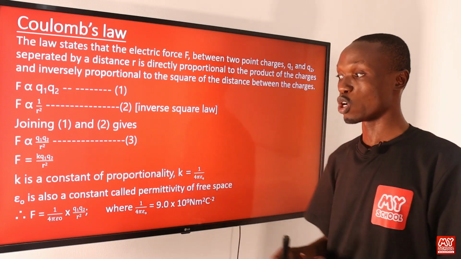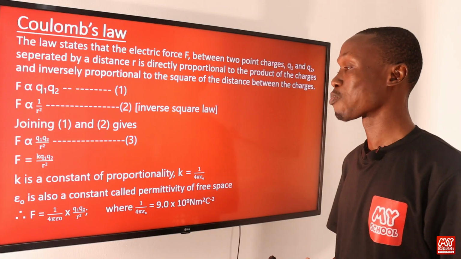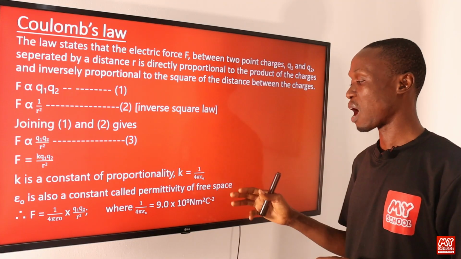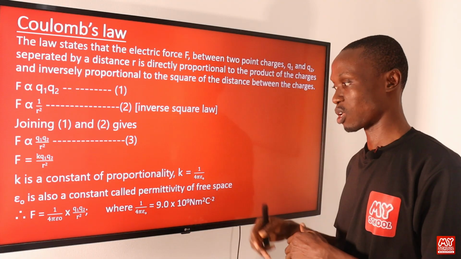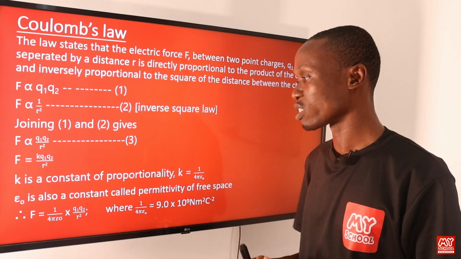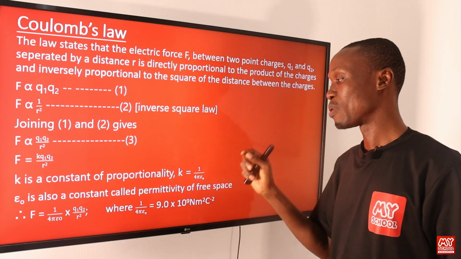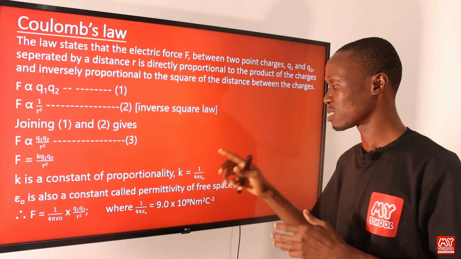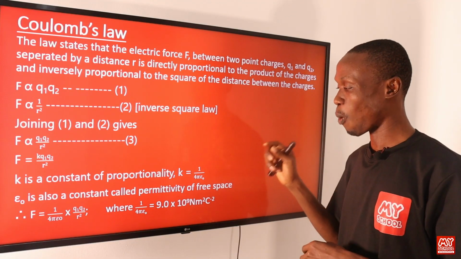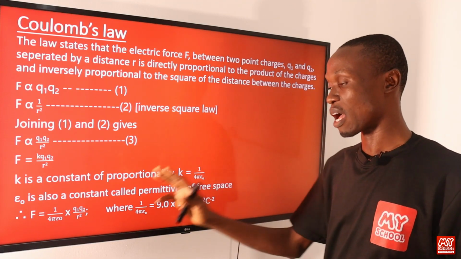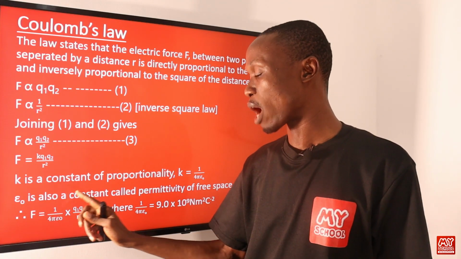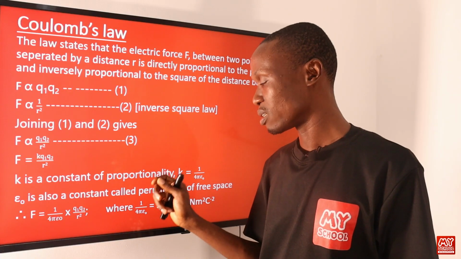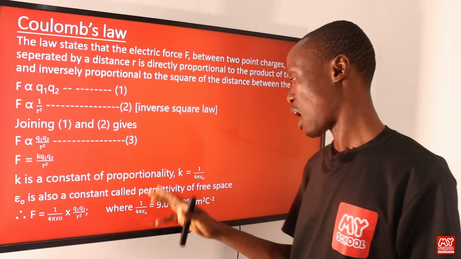K here in this equation is a constant of proportionality, and it is equal to 1 over 4 pi epsilon naught, and epsilon naught is also a constant called the permittivity of free space. So in place of K, if we replace it with 1 over 4 pi epsilon naught, we have F equal to 1 over 4 pi epsilon naught times Q1 Q2 all over R squared.